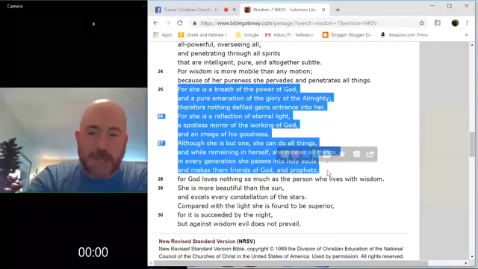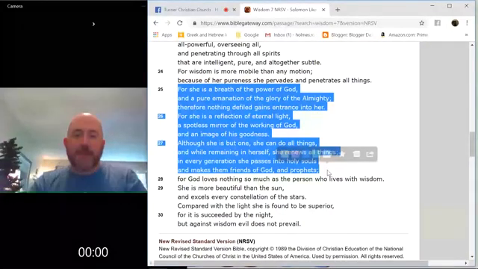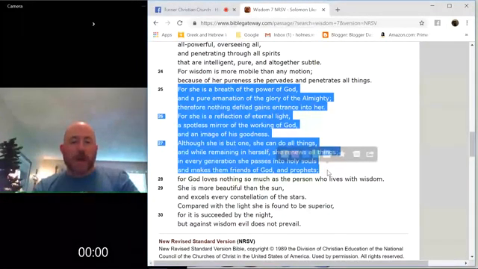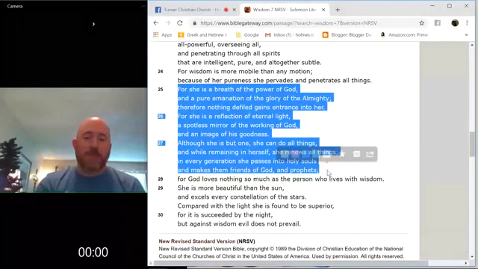Now, depending on the translation, you may see more of this than others, but in the original language, there's a lot of similarities between the way wisdom is being described here and the way Jesus is described as the Son of God. And there is a strong connection between Jesus, the second person of the Trinity, and the way the Old Testament talks about God's attributes, like his wisdom.